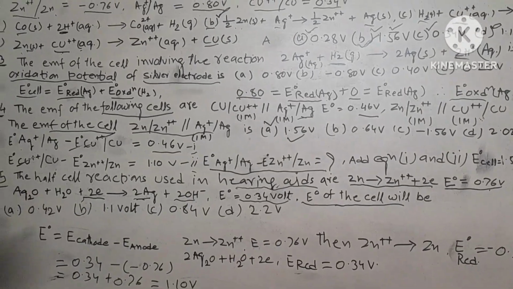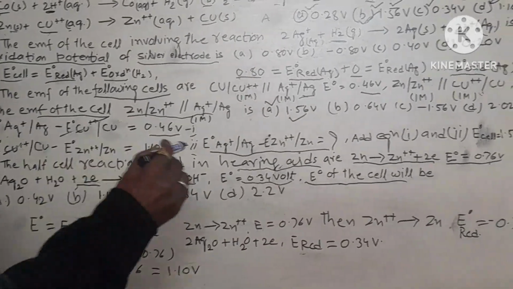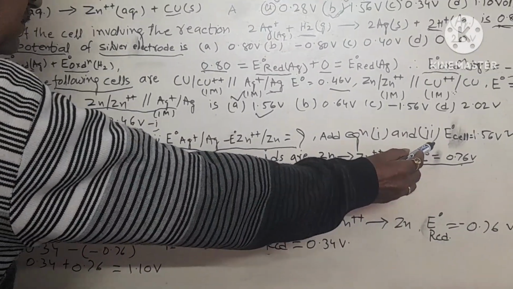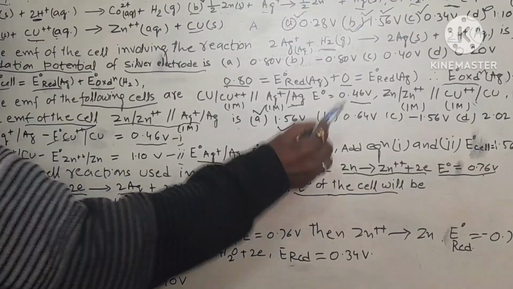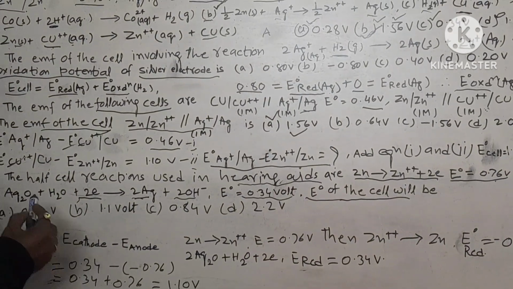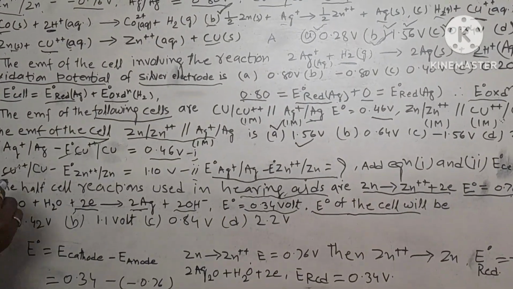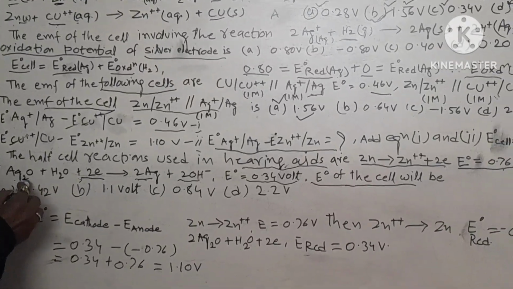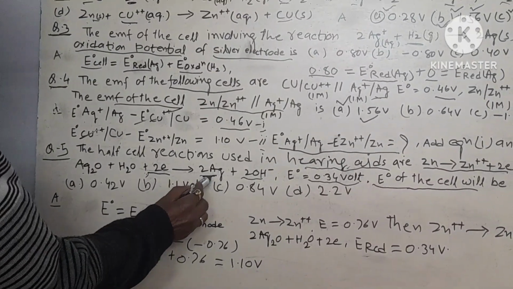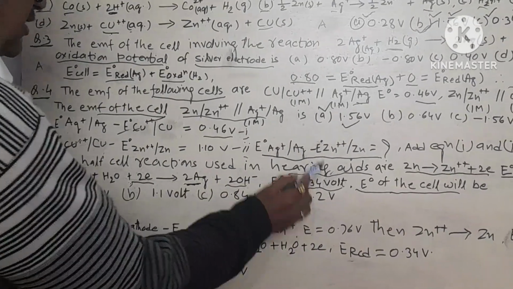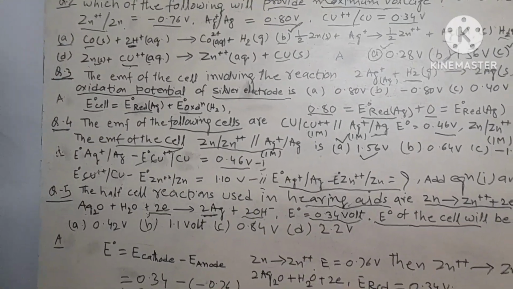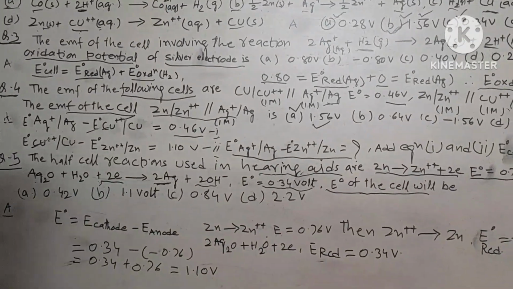Here the main thing is that oxidation is going on in the first half cell reaction, and reduction is going on in the second. By addition of electrons, Ag2O is converting to metal 2Ag and the potential is 0.34 volt. Correct? Two electrodes are there and they are given potentials.